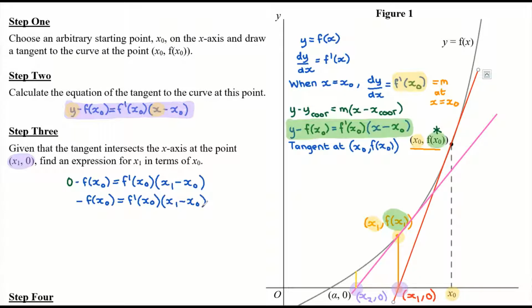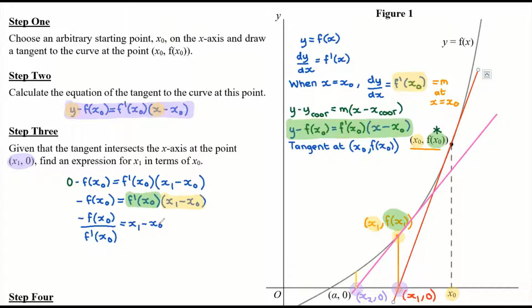Now, what I can do is to get the x1 part here on its own, what I really need to do is divide both sides by this, or I could multiply it out first, but I think I'm going to divide both sides by that derivative. So let's do that next. So we're going to have negative f of x naught divided by f dash of x naught is going to equal x1 subtract x naught.